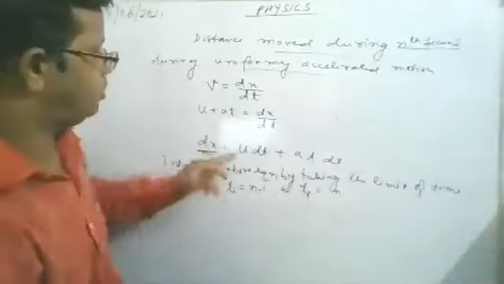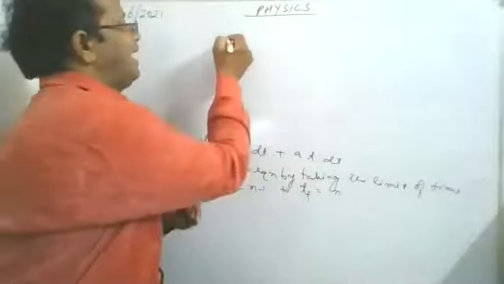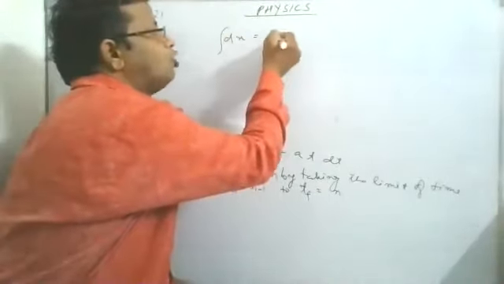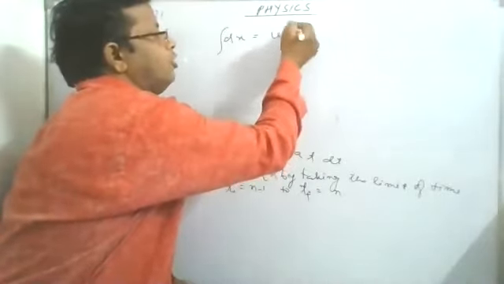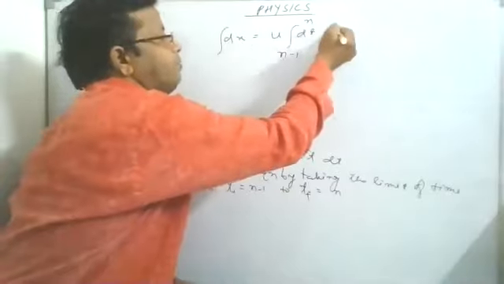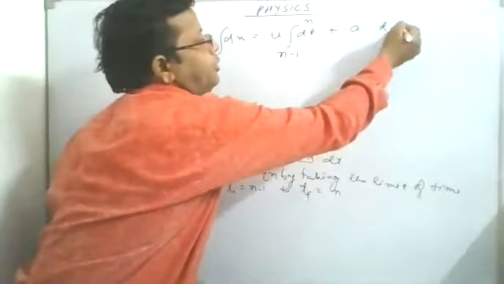Now you see here, you integrate this. dx, we integrate this. u is constant velocity. What is the limit of integration? Beta, n-1 to nth second, plus a constant, t into dt.